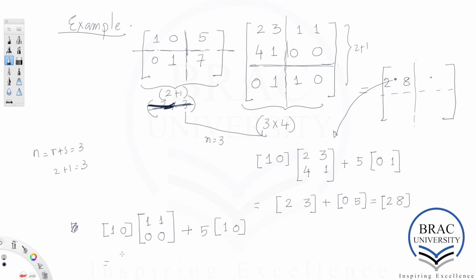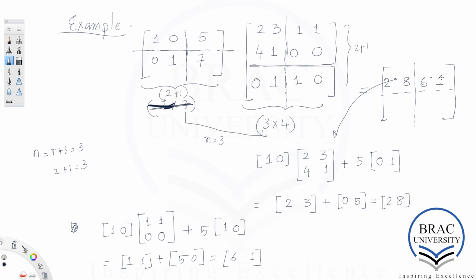Now I have a row vector consisting of 1 0, 1 0 1 0 is 1, and 1 0 1 0 is 1 again, 1 1 plus 5 0, which gives us 6, right? 6 1. So this is going to be 6 1, right?